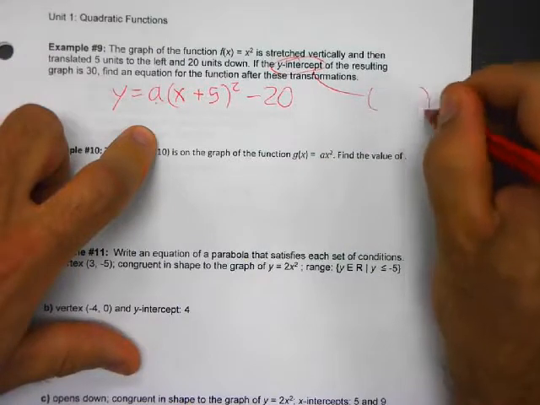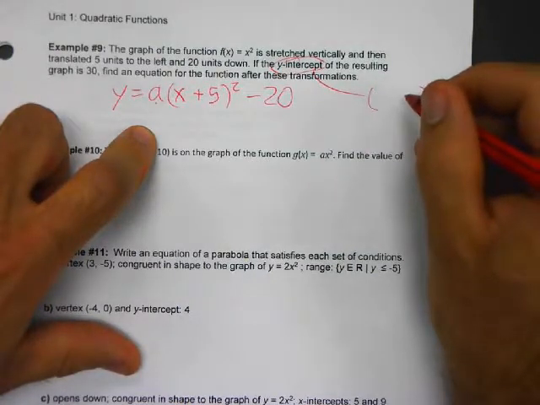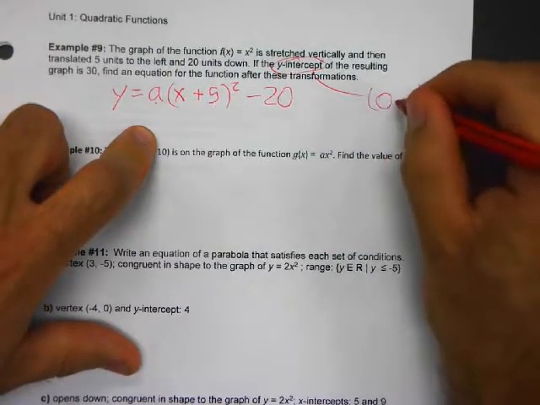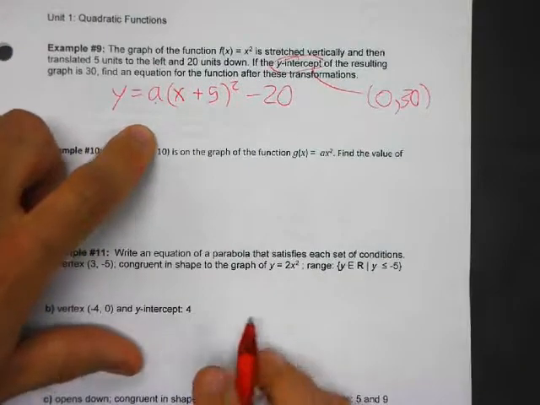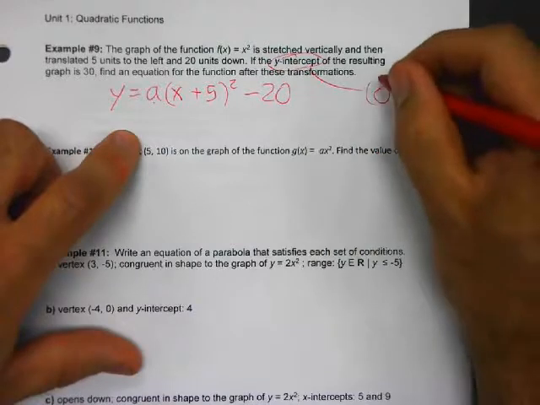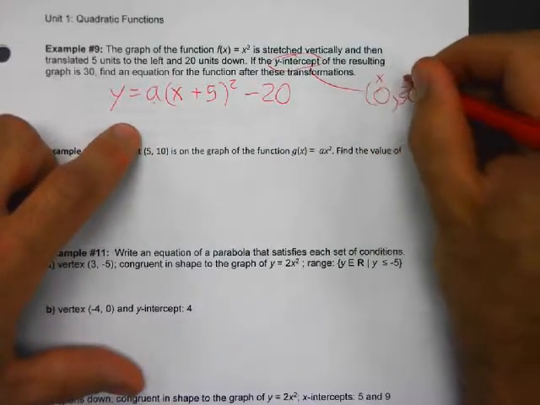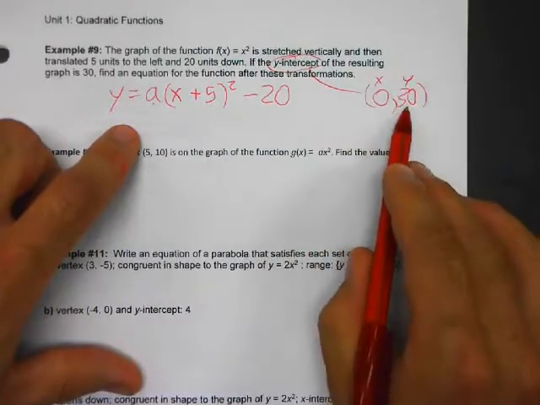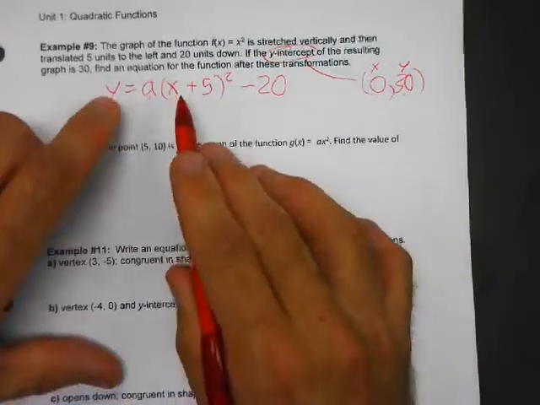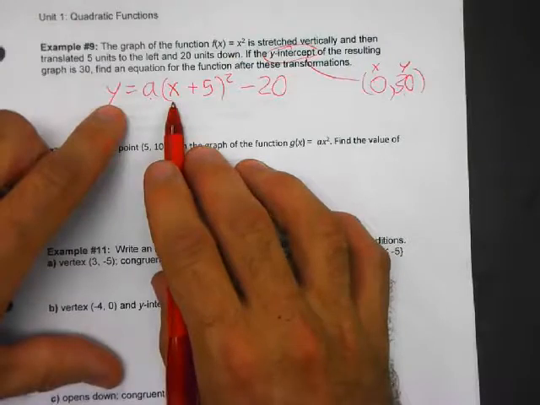So we have to ask ourselves, what's the x value on our y-intercept? Well, it's 0. So (0, 30) is our y-intercept. We use that as our alphabetical order, x, y. That's to remind you, first off, that this is x and this is y, and that those are actually going in place of x and y over here.